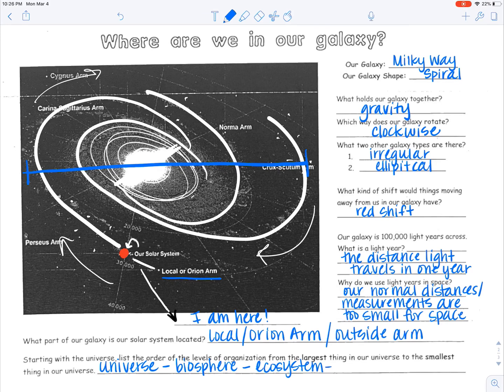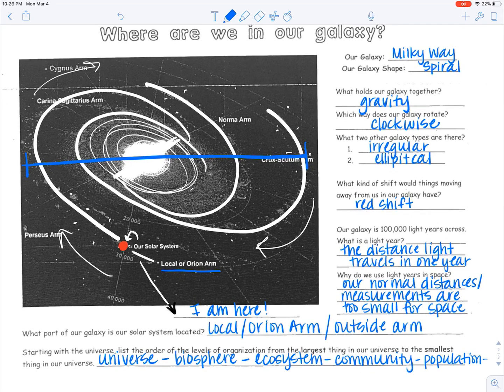So ecosystems are made up of a whole bunch of communities of living things. So community. Communities are made up of populations. Populations are made up of organisms. And organisms are made up of organ systems.